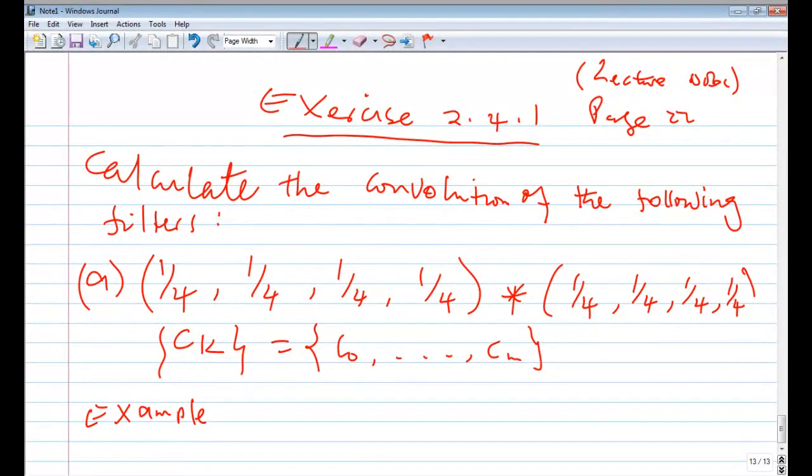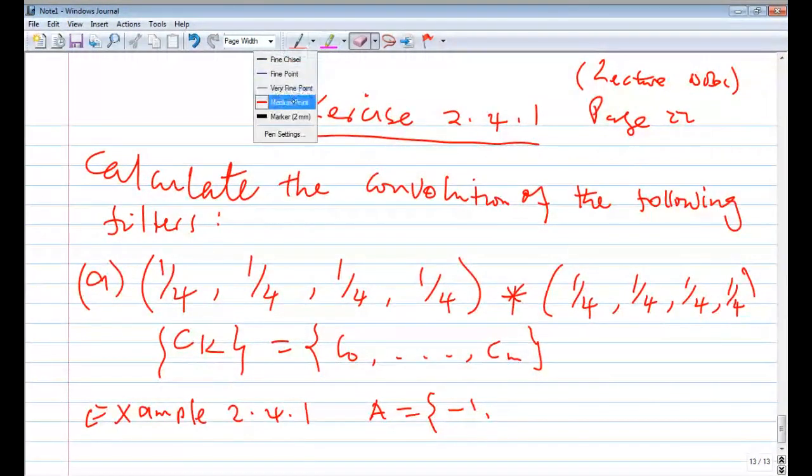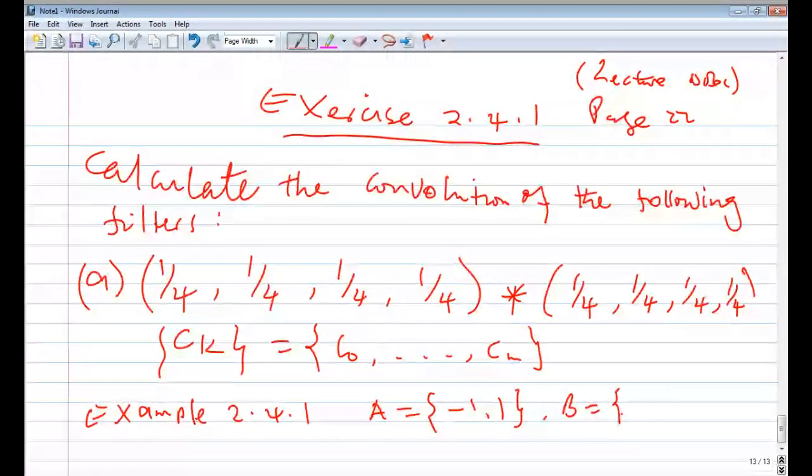Okay, just go and do example 2.4.1 because this one's too long. The same page 22. A is equal to minus 1 and 1, and B is minus 1 and 1.